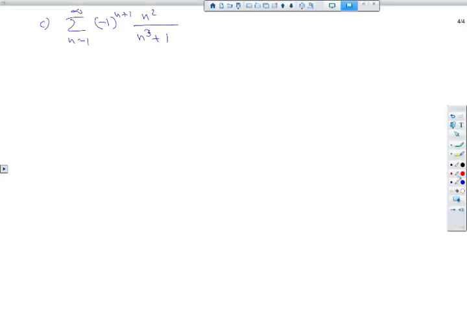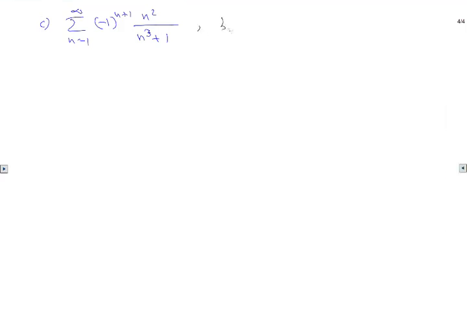C. This one is the sum from n equals 1 to infinity of (-1)^(n+1) times n squared over n cubed plus 1. So if you look at this one, what is Bn?